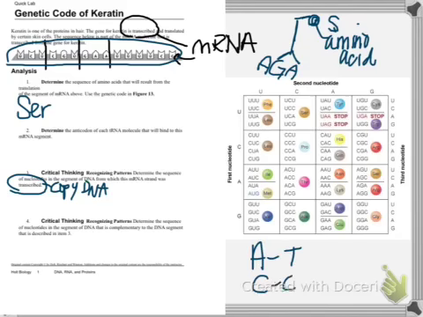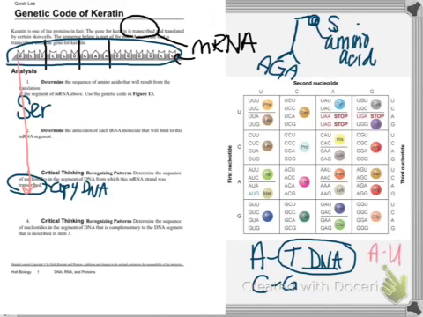But instead of having a U, since we're talking about DNA, I'm going to now have my T. Thymine exists for DNA. Uracil exists for RNA. But again, DNA, so I'm only thinking about the T. So now let's start making our copy. So U goes with what letter? Well, U goes with A. That A still exists in our DNA.